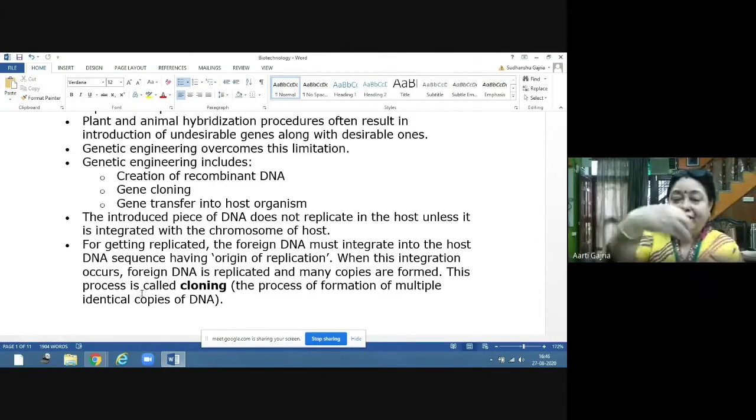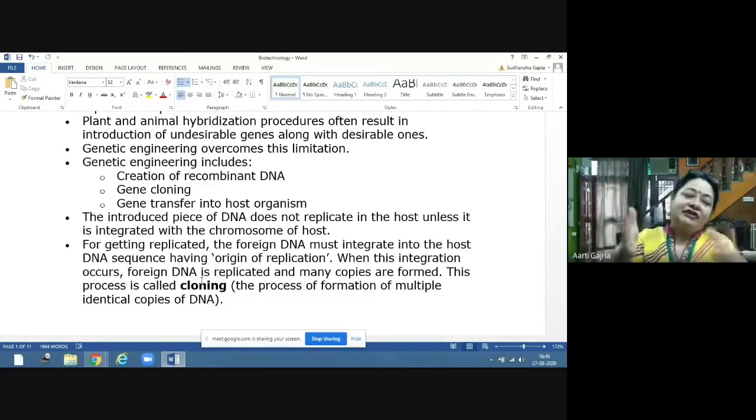That means wherever we are putting our gene of interest, the DNA sequence of the host should have the origin of replication there. Then only our gene of interest will replicate. When this integration occurs, foreign DNA is replicated. Our gene of interest, that is the foreign DNA, is mixed with the host DNA.